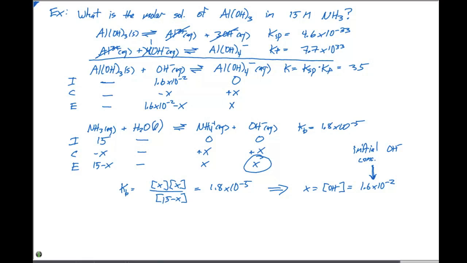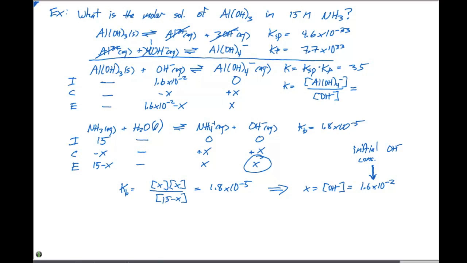We said that our equilibrium constant is going to be the Ksp times the Kf, which equals 35. So we can set up a K expression that, in this case, is going to be products over reactants. So it's going to be the concentration of our Al(OH)4 minus divided by the OH minus concentration.